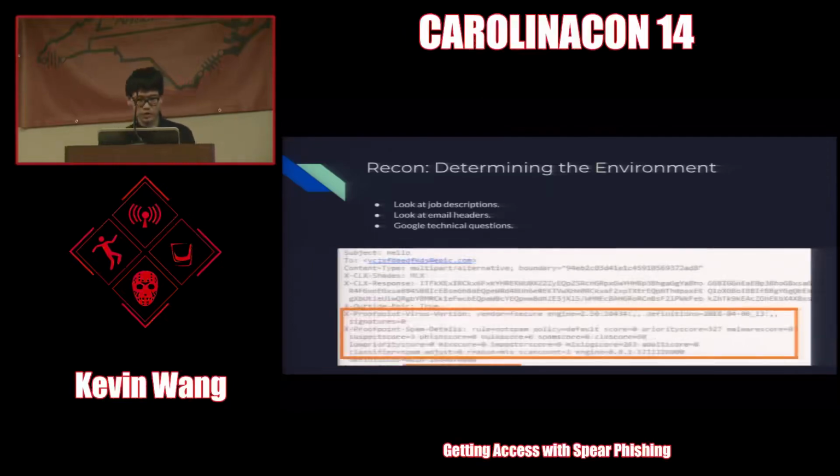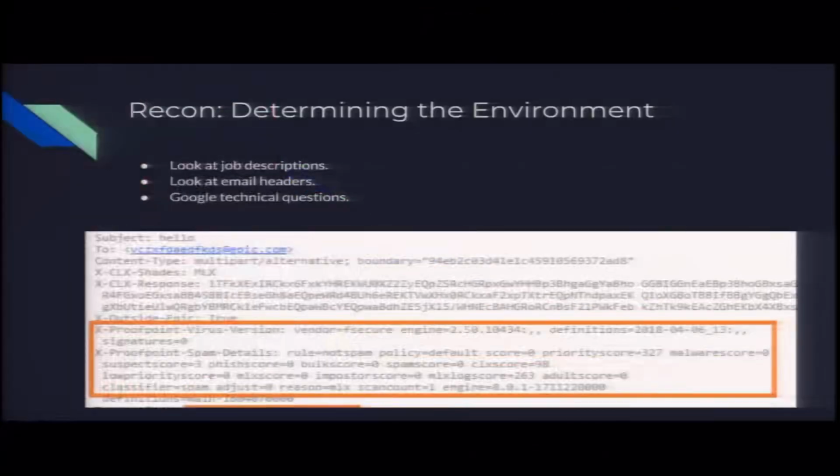Another thing you can do is send an email to a non-existing address and get a bounce. A lot of times that will leak some juicy details. For example, here we see that they're using Proofpoint. And not only that, we actually see the score for this exact email. So you can use this to test your actual email and see if it gets categorized as spam.